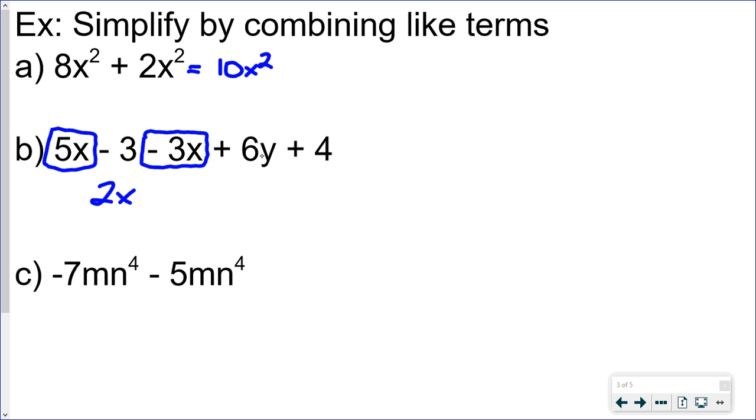All right, now I go to the y. Again, this plus sign belongs to the 6y, and there are no other y's that I can combine it with, so I just bring it down. It doesn't have any like terms. And then last, you do numbers. Again, this symbol belongs to the 3, and the plus sign belongs to the 4.